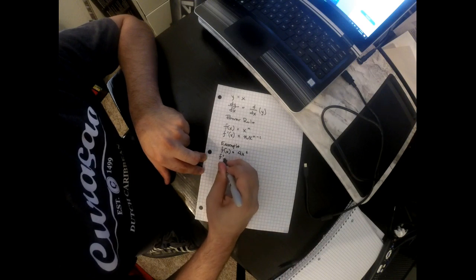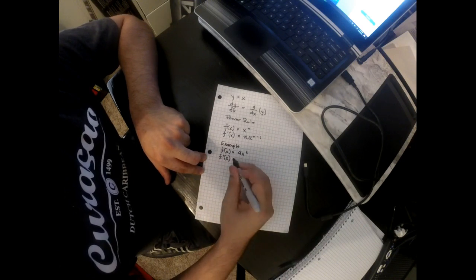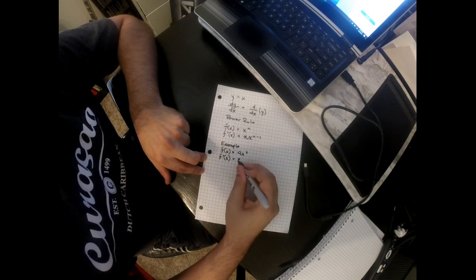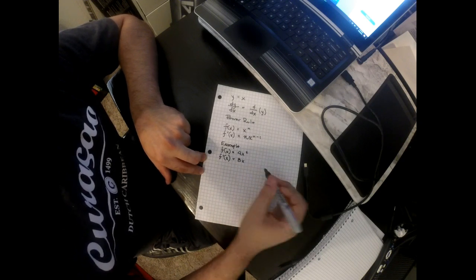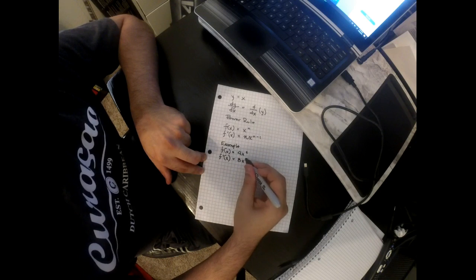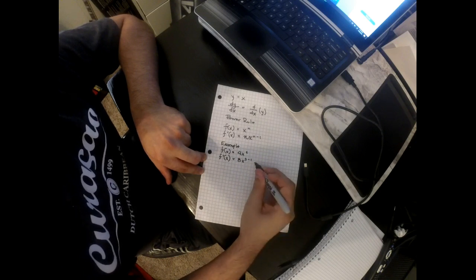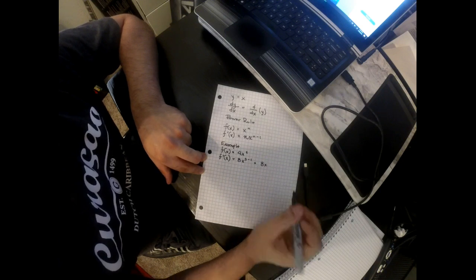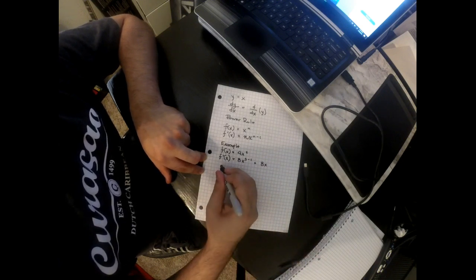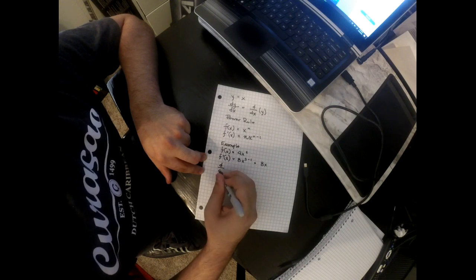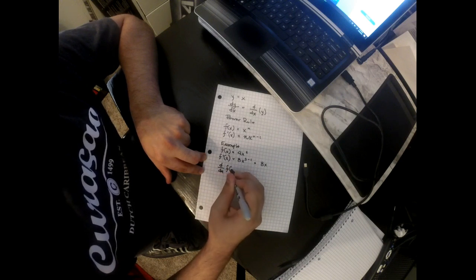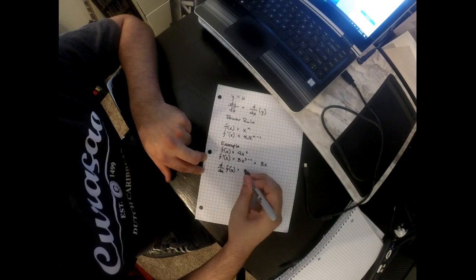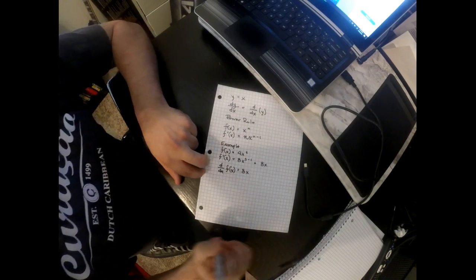Well, that means that the derivative of that function f of x is equal to 2 times 4, which is 8, x to the second power minus 1. And we can just write that as 8x. Therefore, the derivative of the function 4x squared is equal to 8x.